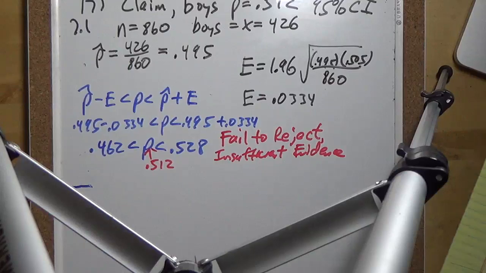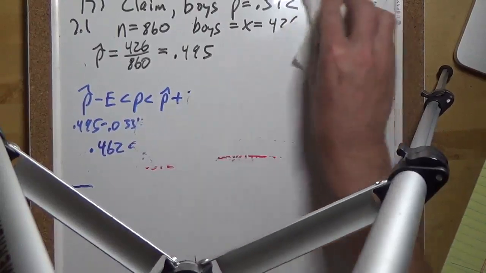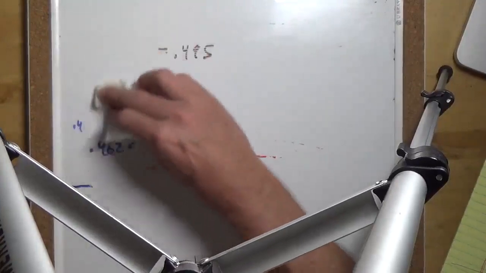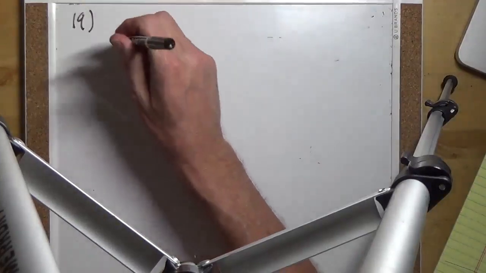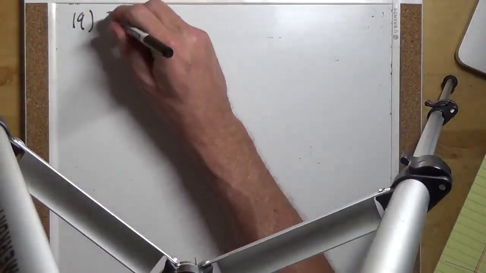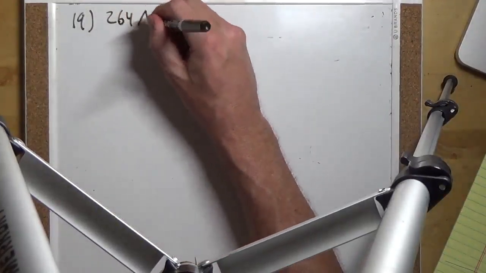I'm going to do number 19 as well. It's an accurate order claim of Burger King. So the Burger King study found, let's see, 264 orders were accurate.